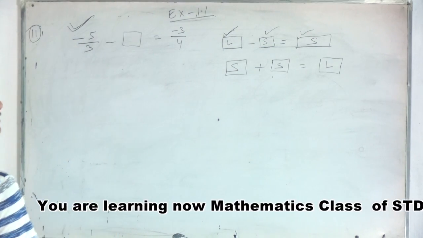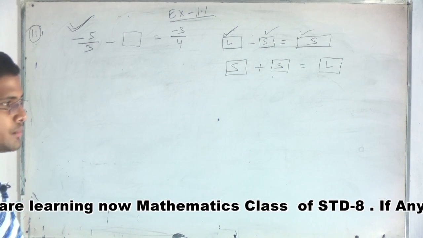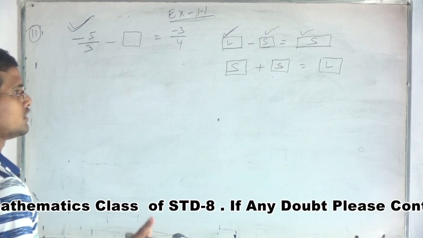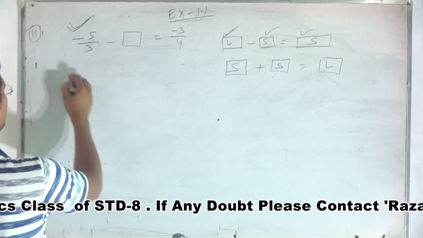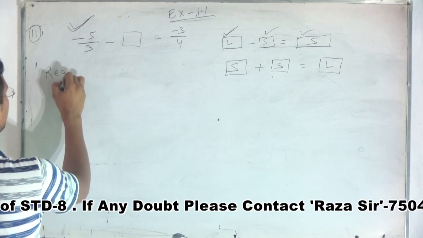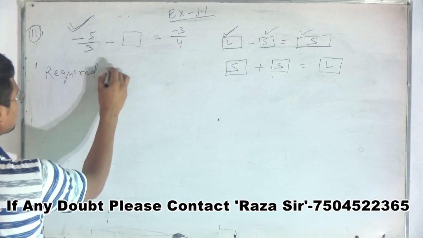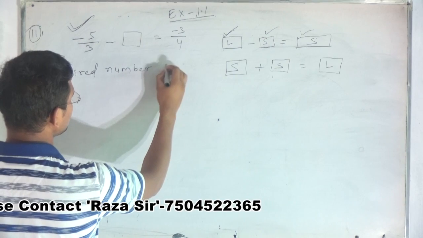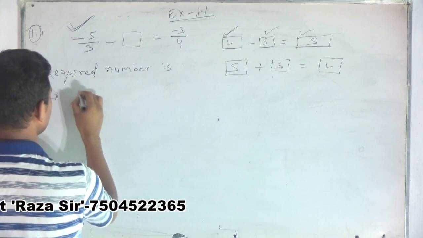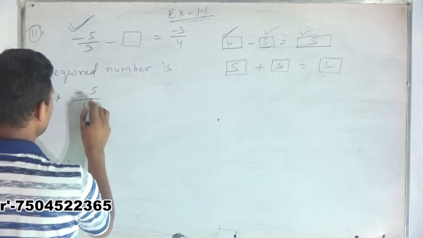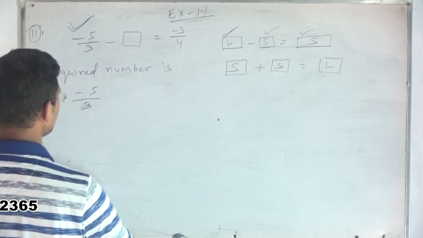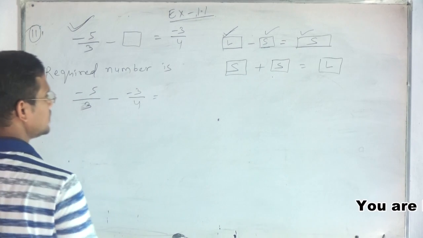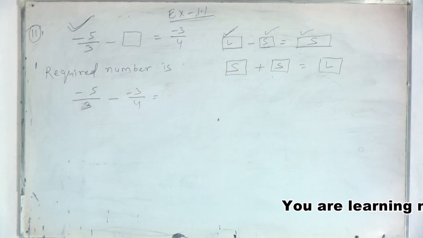Now we have to find the smaller part. When we have to find the smaller part, you simply write the required rational number as the larger number minus the smaller number, and you get your answer.